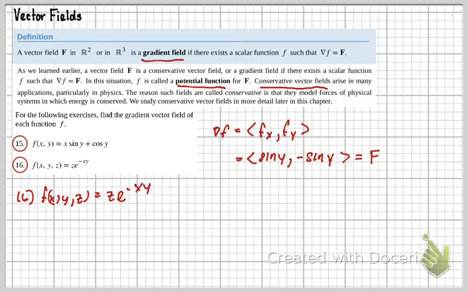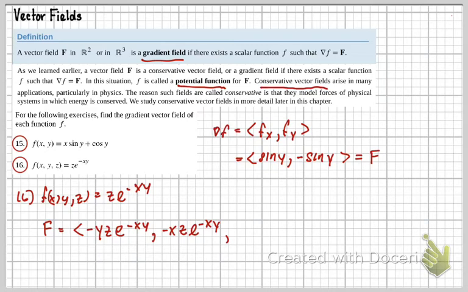So then my gradient vector field is going to equal, first with respect to x, negative yz e to the negative xy. And then for the y component, negative xz e to the negative xy. Now again, remember this is a chain rule here. The derivative of e to the x is e to the x, and then the chain rule for the inside. So that's really what I'm doing here for these partial derivatives.